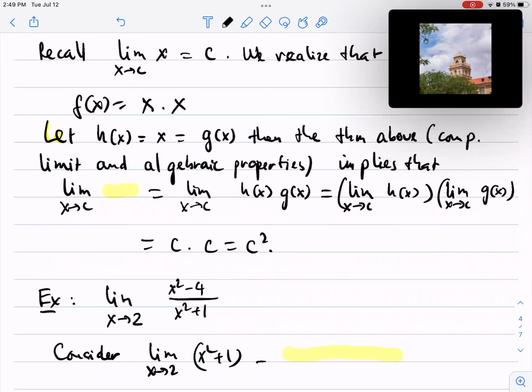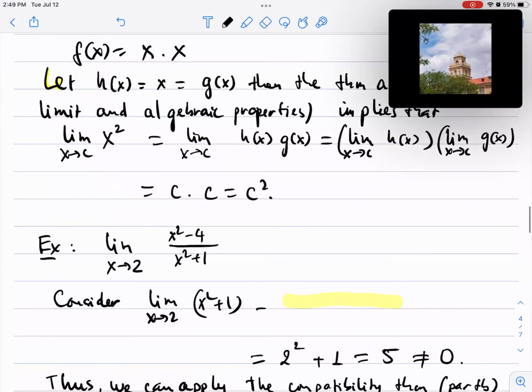Then the theorem above, the compatibility result between limit and algebraic properties, implies that the limit of the expression x squared equals the limit of h(x) times g(x), and this is equal to the product of the limits.